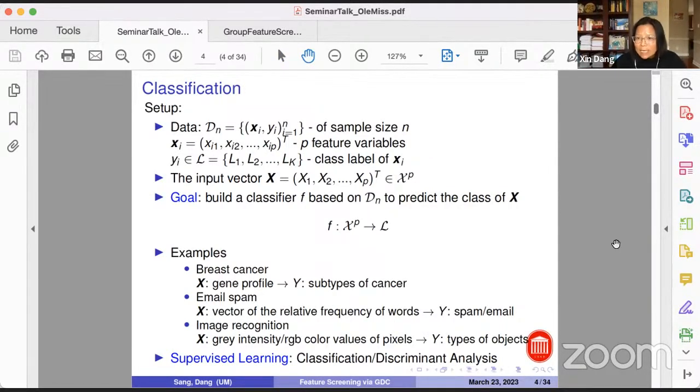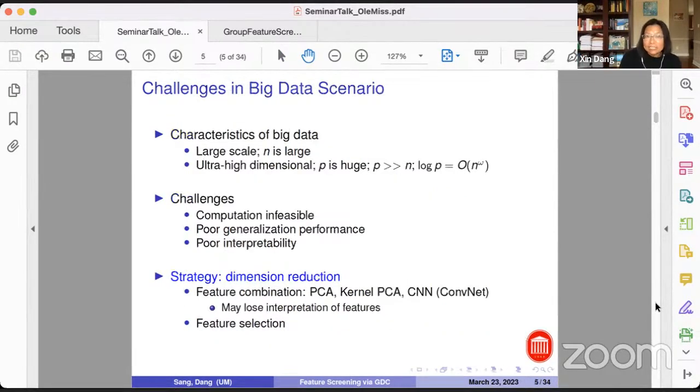And in the high-dimensional data or big data scenario, it means either large scale, where your sample size n is very large, so your data matrix is tall, or it's very wide, where the dimension p is huge.